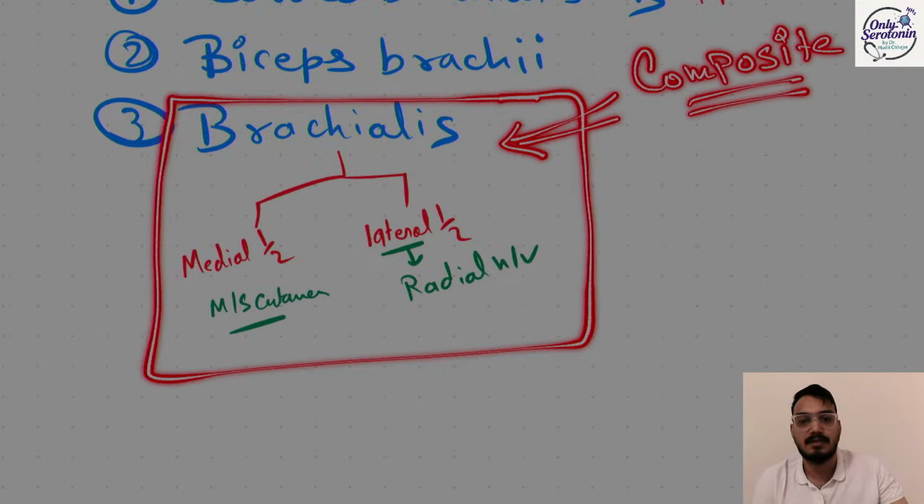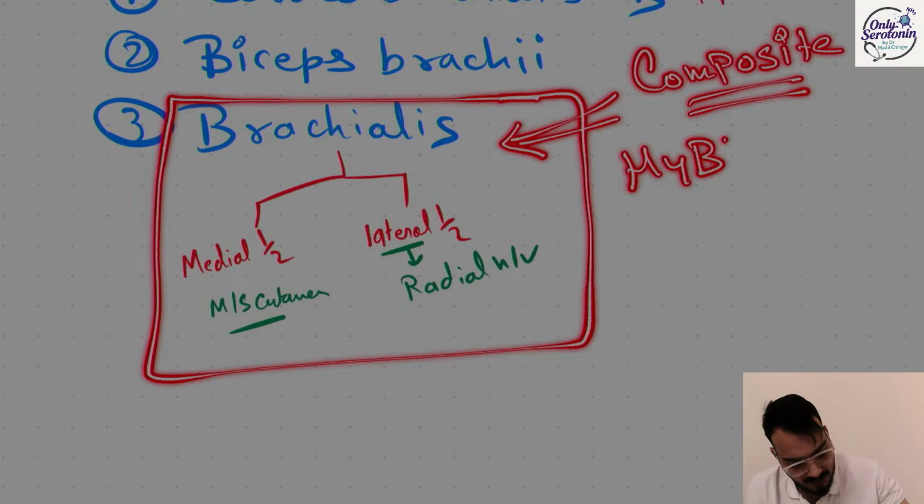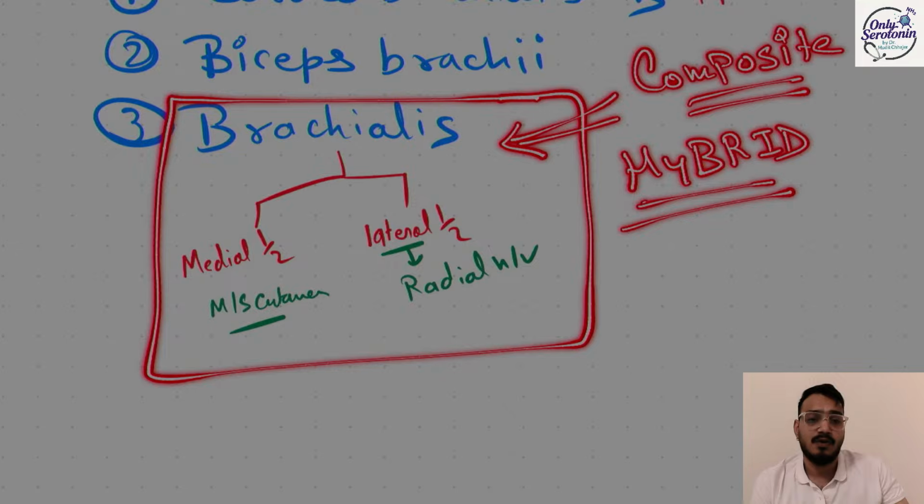Another name is hybrid muscles. So I can ask you, what is the name of the hybrid muscle present in your arm? That is only and only the brachialis muscle. Understood guys?